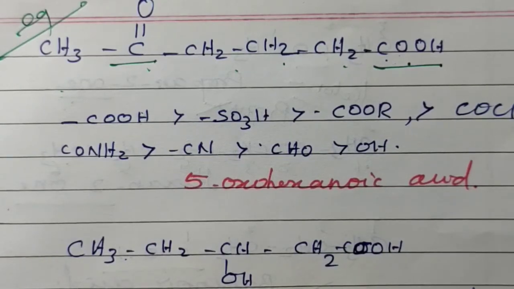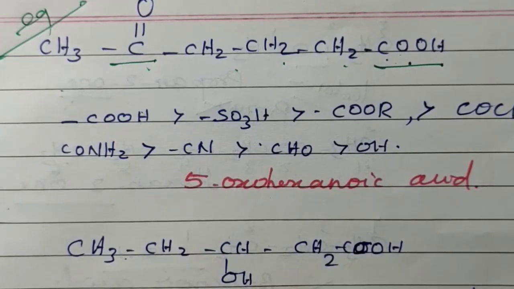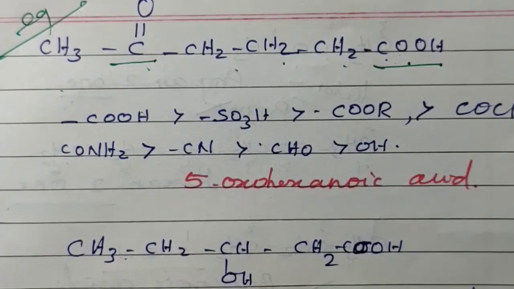That is actually the functional group of that compound. The other one acts as a substituent. Substituent in the sense the name should come as a prefix in the beginning. The functional group name should come at the end.